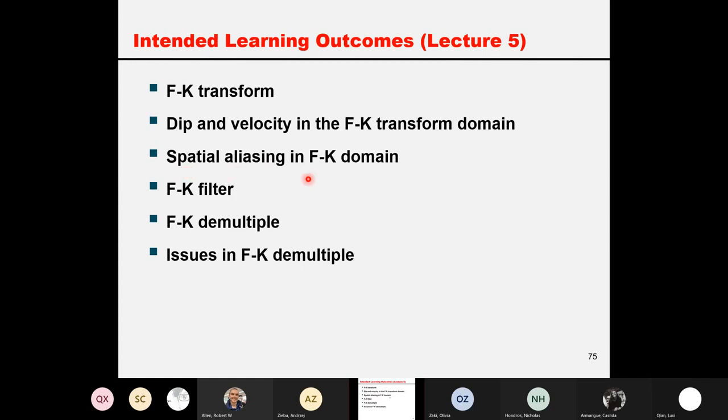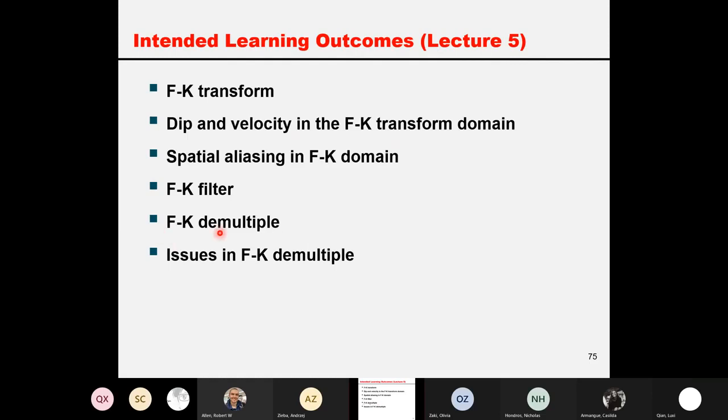In the ideal situation, you have a proper FK domain representation of linear events, and you can apply a filter in the FK domain. Filtering in the FK domain is easy: multiply by 1 or 0 plus tapering. One purpose I showed for FK was multiple removal.